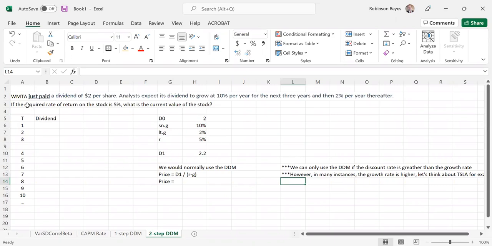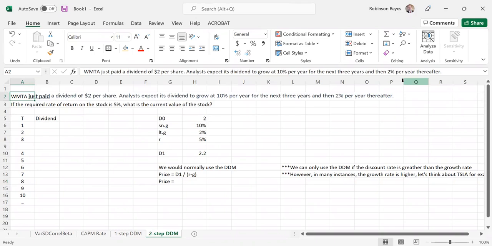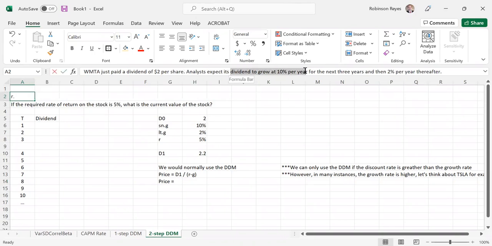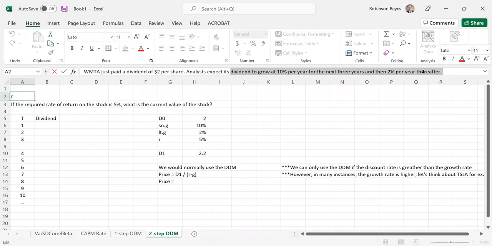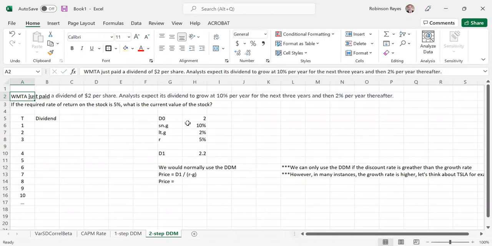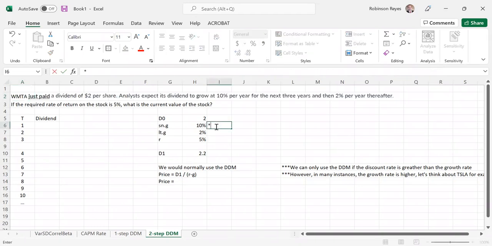Well, there's a key piece of information here, which is the dividends are expected to grow at 10% for the next 3 years and then 2% thereafter. So, we will have a problem: the growth is higher than R only during the next 3 years.